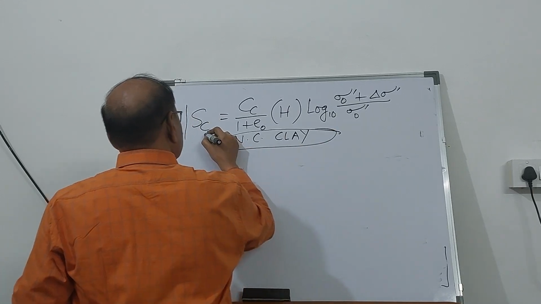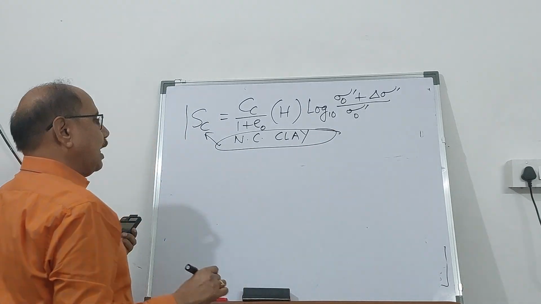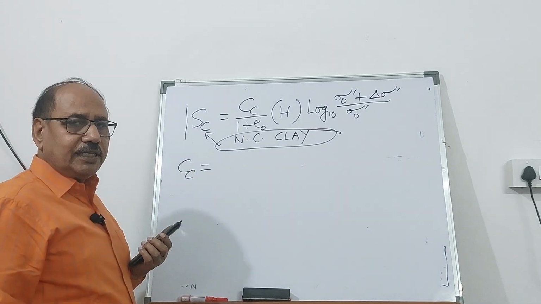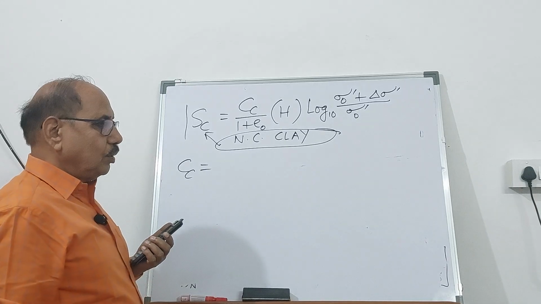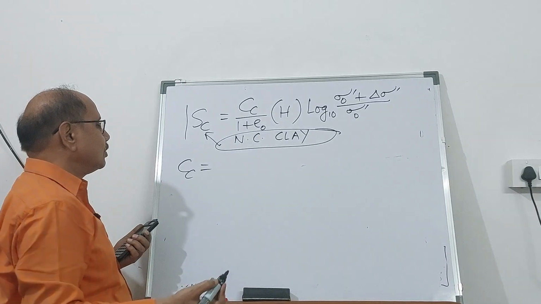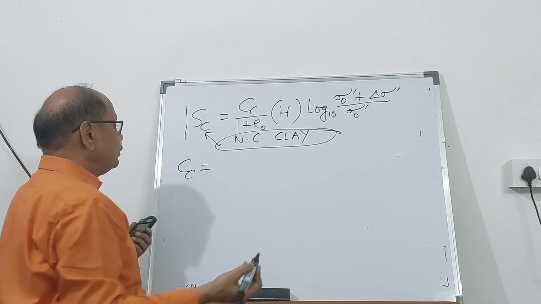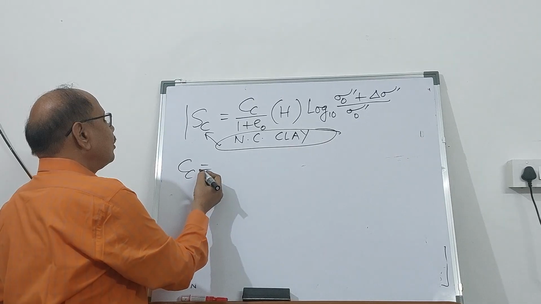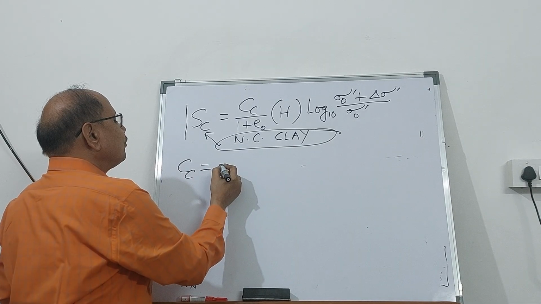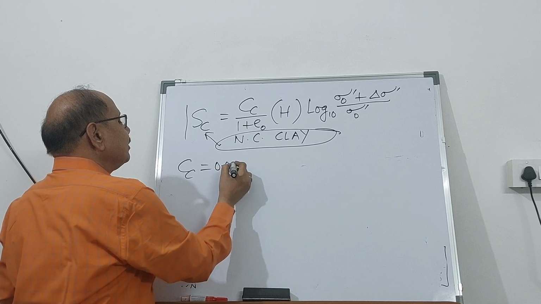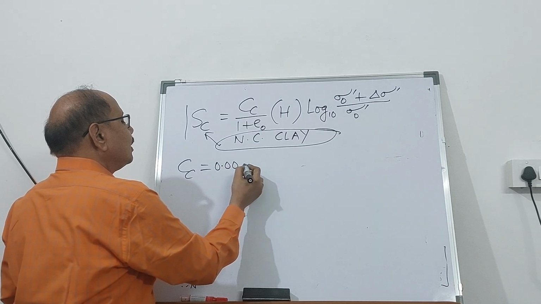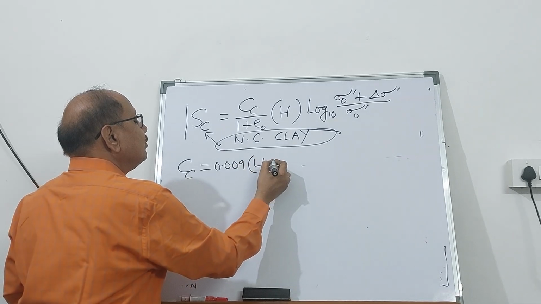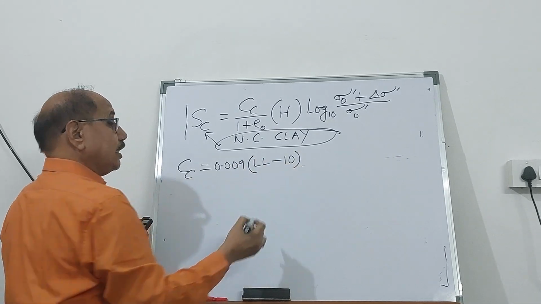you can use the consolidation settlement, and CC you can find out from the one-dimensional consolidation test by performing it in the lab over the clay sample. You can do it very easily, or you can find it out by using the empirical formula for the site soil, 0.009 times liquid limit minus 10.